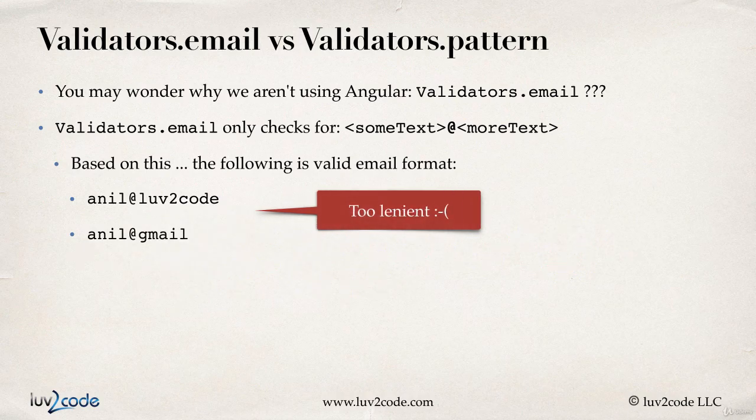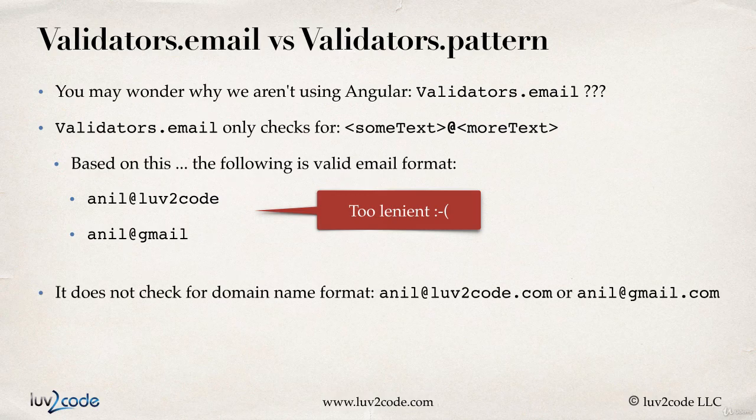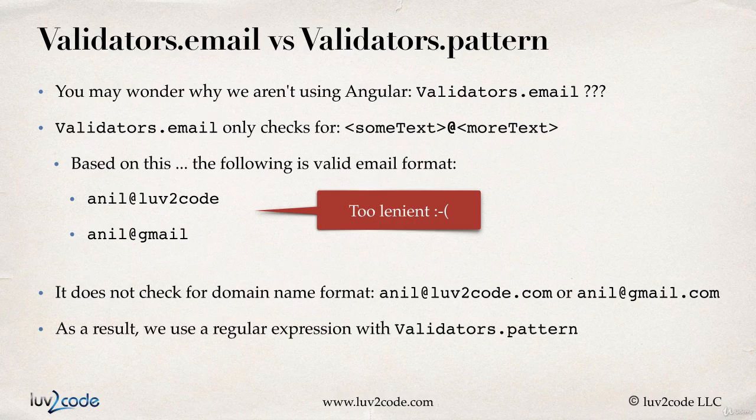But that's too lenient. That's not really what we want, because this doesn't check for the domain name format like Anil@LoveToCode.com or Anil@Gmail.com. As a result, we use a regular expression with Validators.pattern. That's why I'm using the pattern approach on the previous slide, because Validators.email is too weak, too lenient, and Validators.pattern gives me more control over that format.